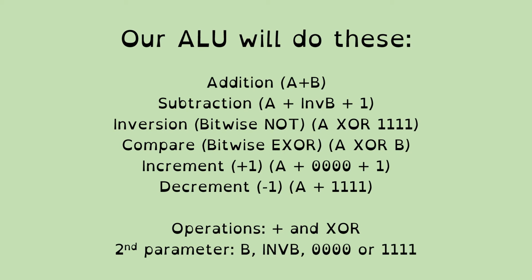We might want to invert the B, which we use for the subtraction. And then there are these 2 hardwired values, 0, 0, 0, 0, and 1, 1, 1, 1. It may seem a bit odd and wasteful to have them in, but in terms of hardware, hardwiring those numbers in is really, really cheap. And then finally, we also need the carry-in, which gives us the plus 1, which we're going to use both for subtraction and for the increments.